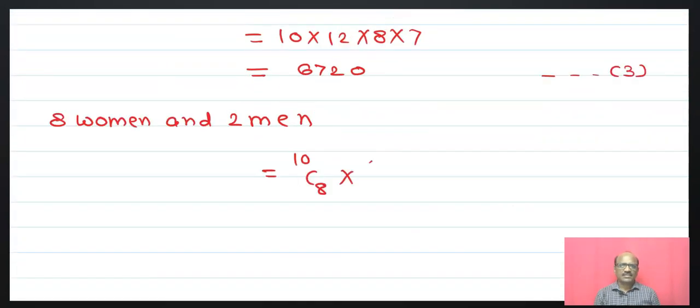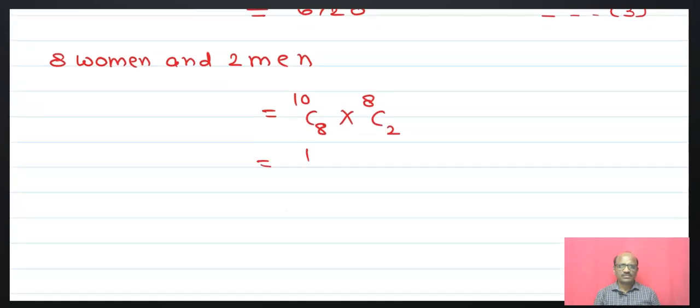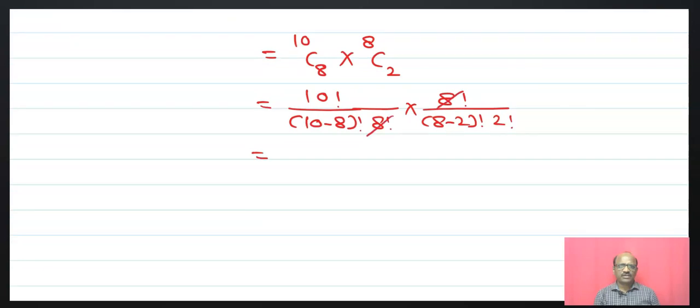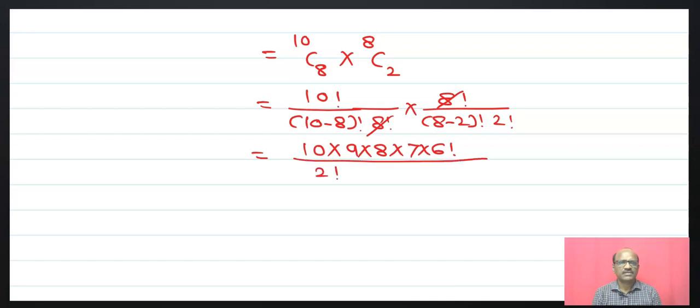Next is 10C8 into 8C2. 10 factorial upon 10 minus 8 factorial into 8 factorial, 8 factorial upon 8 minus 2 factorial into 2 factorial. 10 into 9 into 8 into 7 into 6 factorial.